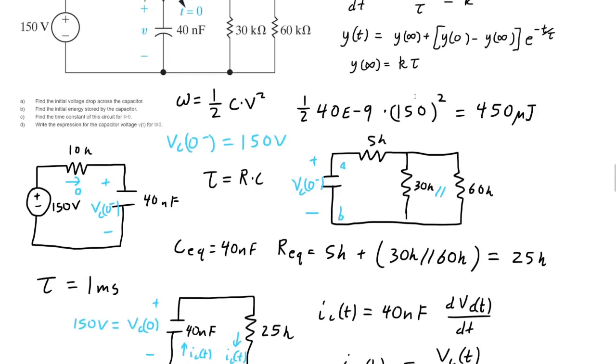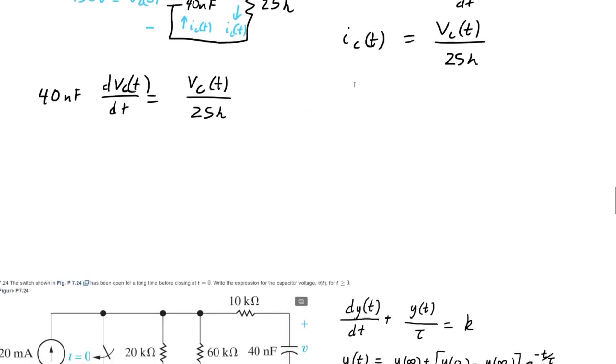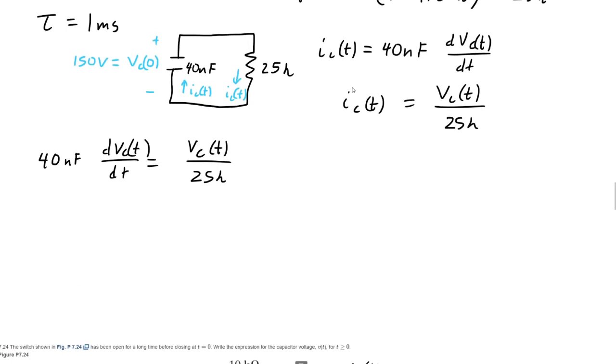And if we put it into the standard form that's up here, we can find out the rest of this pretty easily. So we're going to try and put this into the standard form. There ends up not being a k here, or rather k is 0, because there's no like 5 or whatever sitting around here. So we're going to divide both sides by 40 nanofarad, which is going to end up being the time constant.